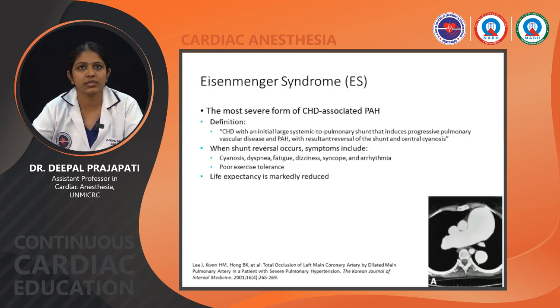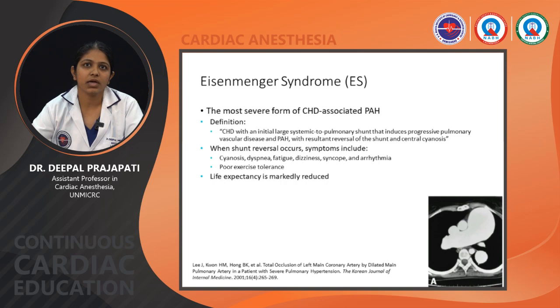Now, Eisenmenger syndrome. What is it? It is the most severe form of congenital heart disease associated with pulmonary arterial hypertension. The definition: it is congenital heart disease with an initial large systemic to pulmonary shunt that induces progressive pulmonary vascular disease and pulmonary arterial hypertension, with resultant reversal of the shunt and central cyanosis.